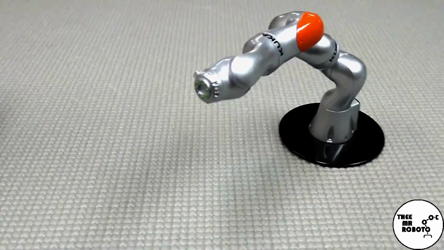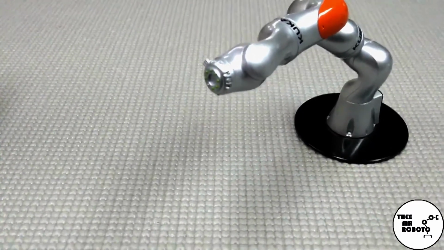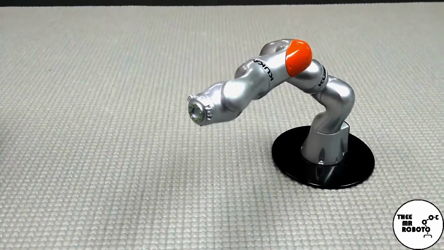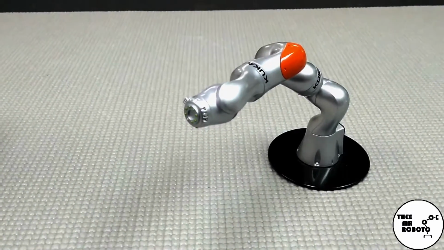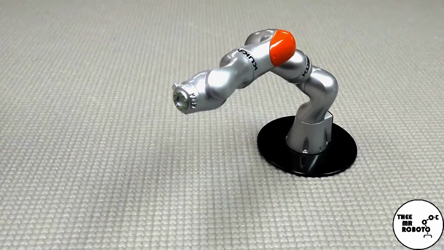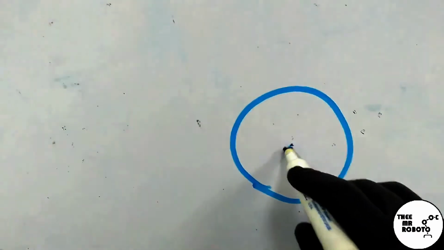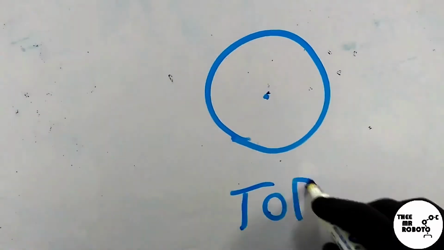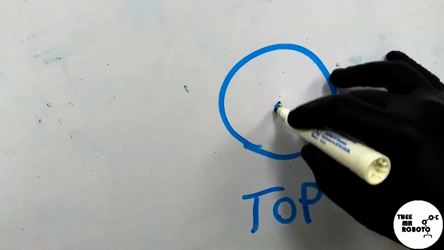So let's go over to the board, and we'll go over exactly what these end of arm tooling based coordinate systems are for. All right, so end of arm tooling coordinate systems. Let's say that we have a robot here, and we are looking at the top view of the robot.